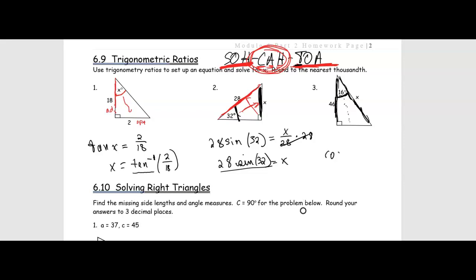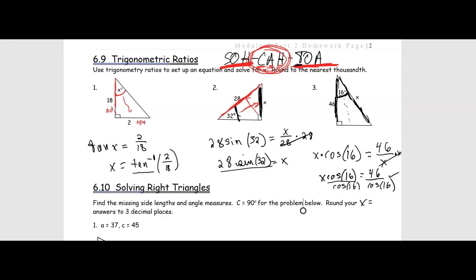So we would say the cosine of 16 degrees is equal to the adjacent side, which is 46, over your hypotenuse of x. To solve this, we're going to multiply the x over, so that we get x cosine of 16 equals 46. And then the next step is we've got to divide by the cosine of 16.